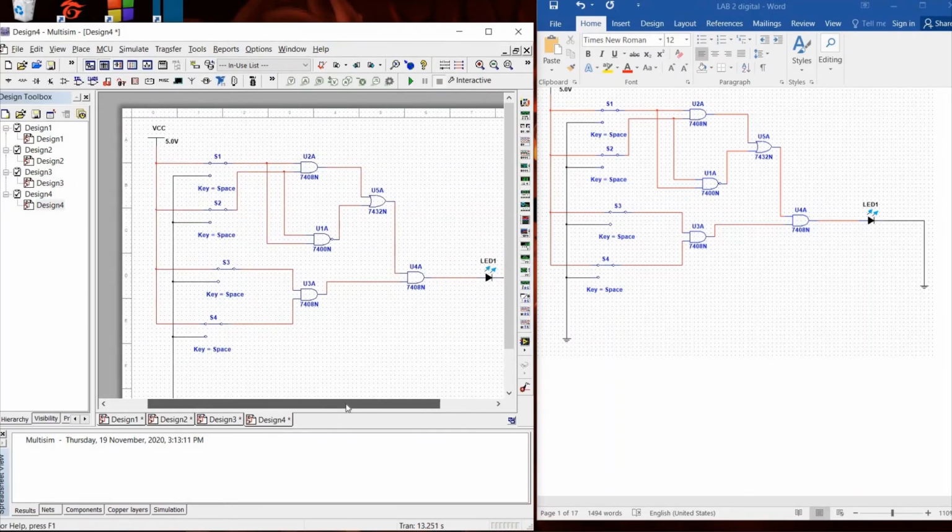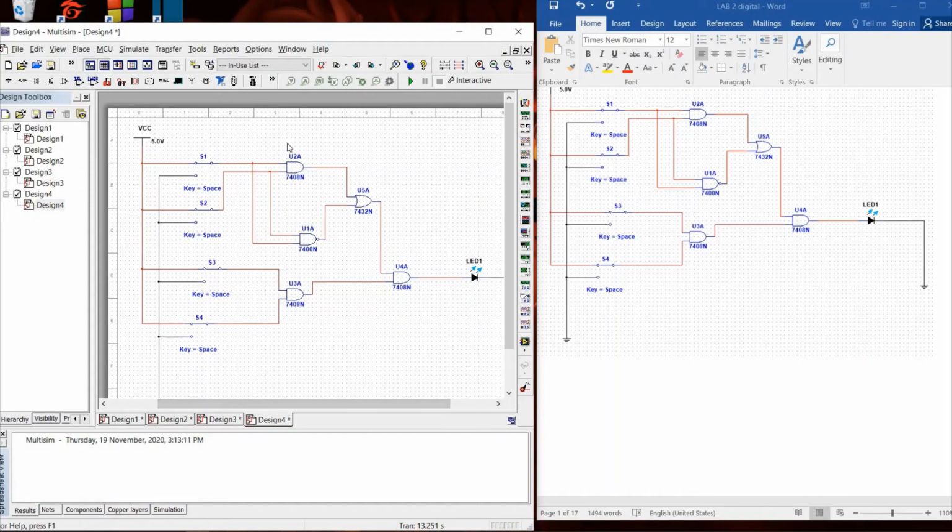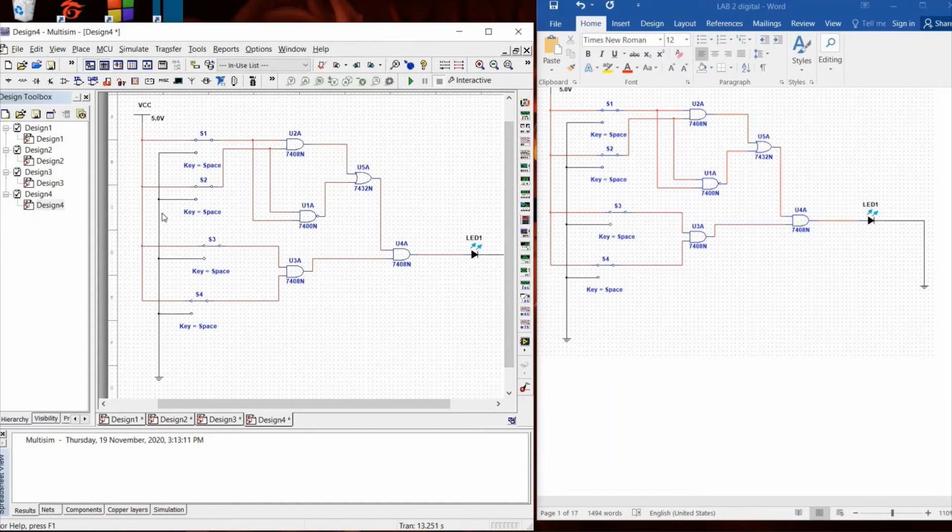On your left you can see my simplified part 2 circuit which I did in Multisim.